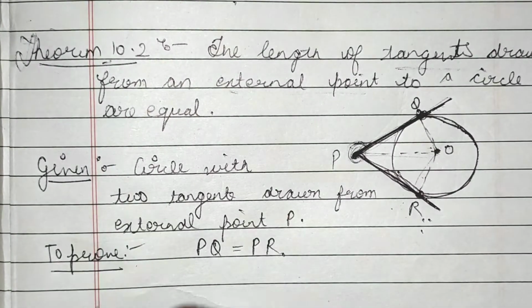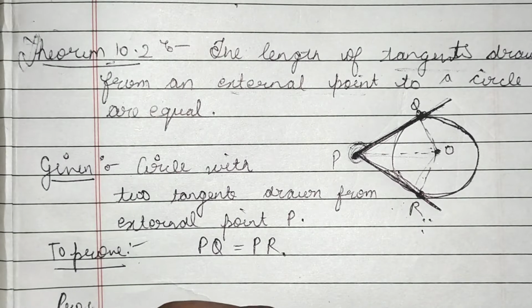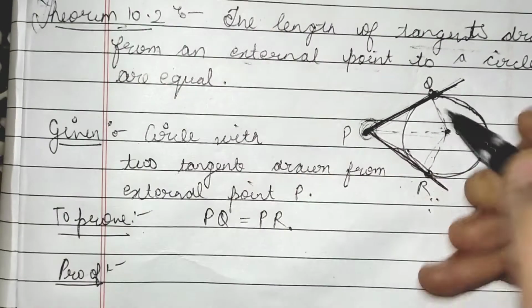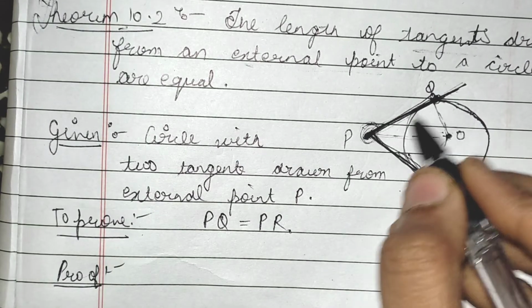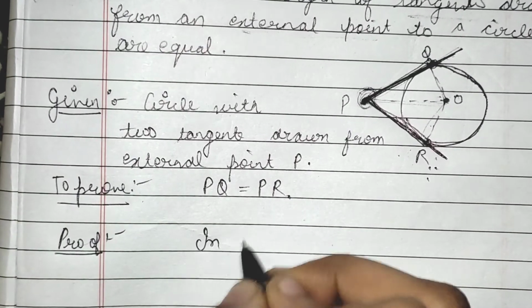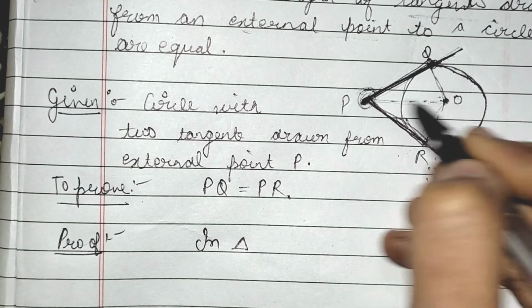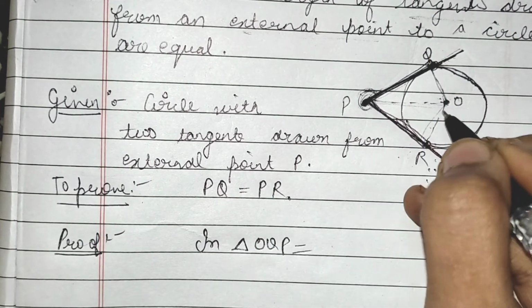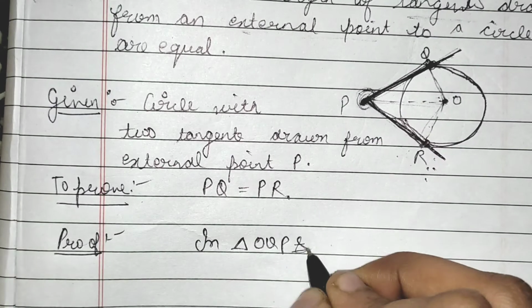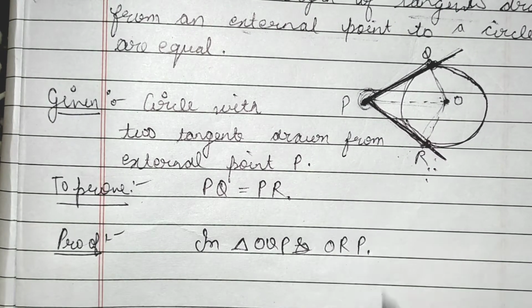Okay, so let us start our proof, which shows how we will prove that PQ is equal to PR. If I look at the triangles, there are two triangles, OQP and ORP. There are two triangles, right?